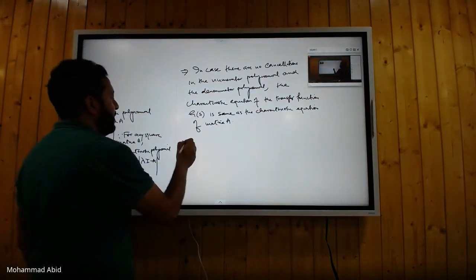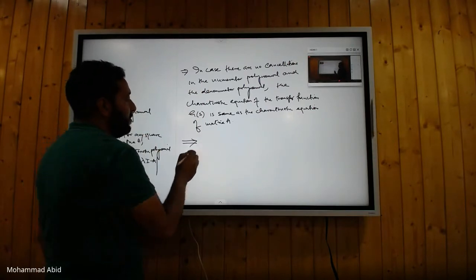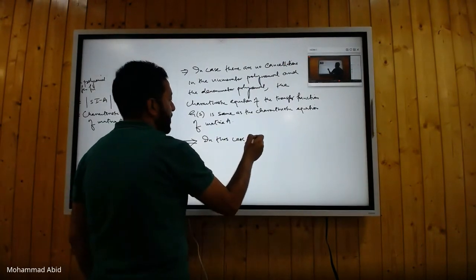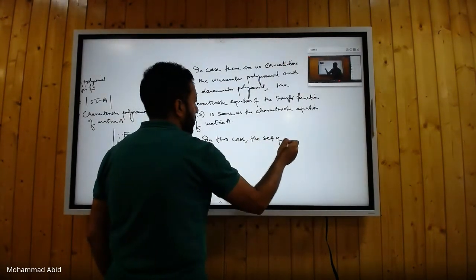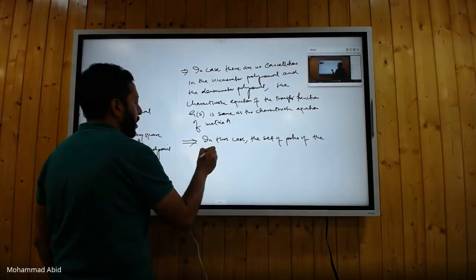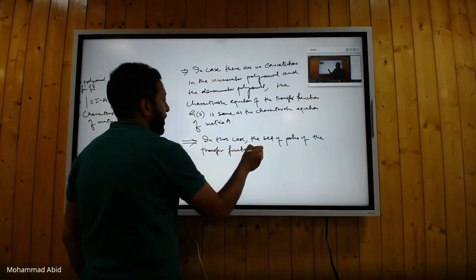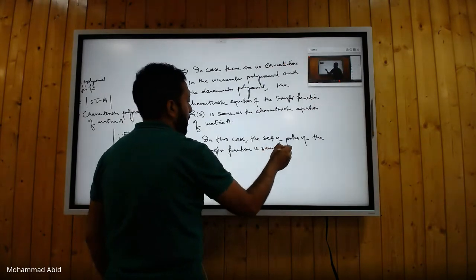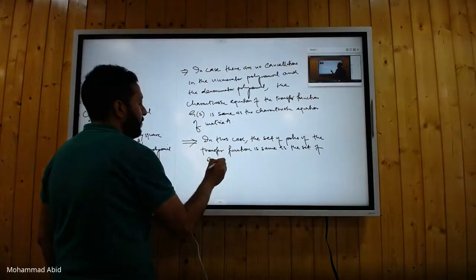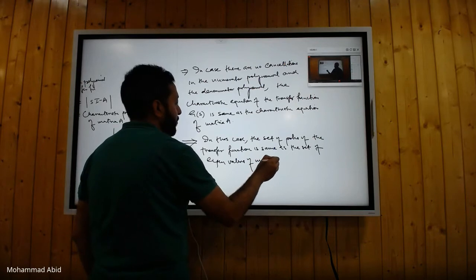Which implies that in this case, wherein there are no pole zero cancellations, the set of poles of the transfer function is the same as the set of eigenvalues of matrix A. Is that clear?